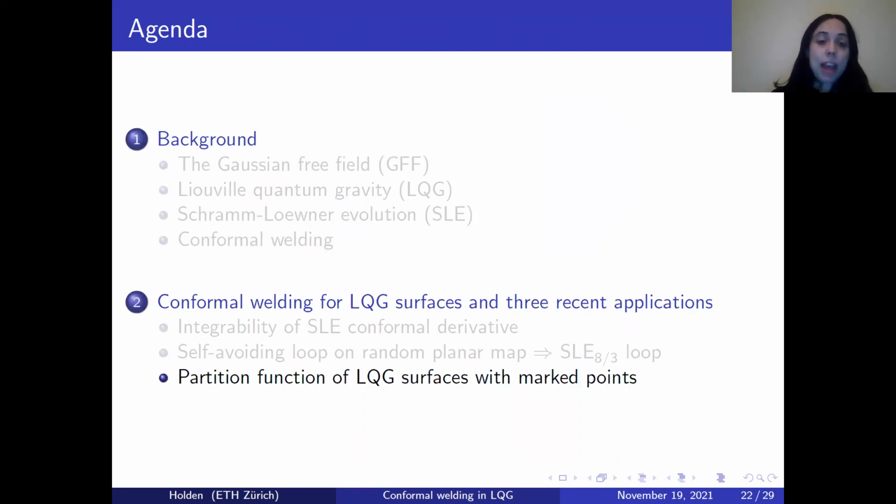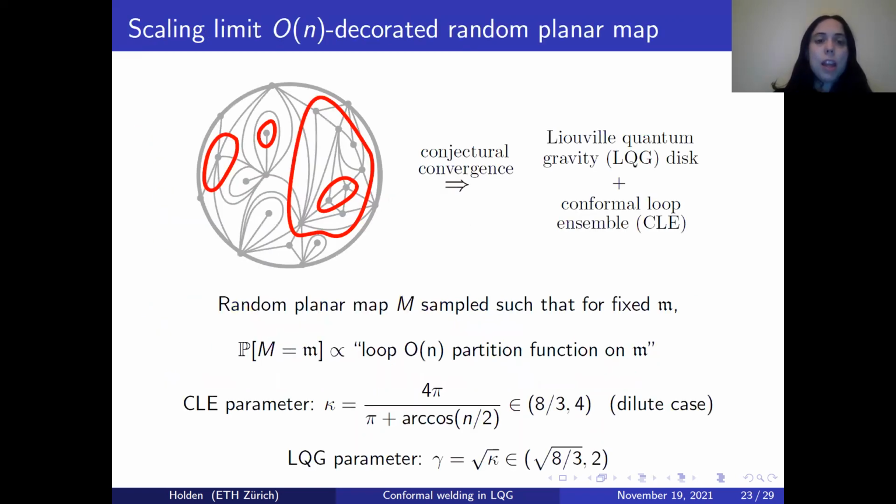Okay, so finally, I want to present this application to the partition function of LQG surfaces with marked points. So we start by considering a planar map with the loop of n model. What this means is that we consider a random planar map, big M, which has been sampled at random, such that the probability that our planar map is equal to some fixed map, little m, is proportional to the partition function of the loop of n model on the planar map, little m.